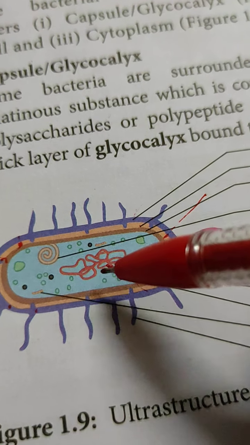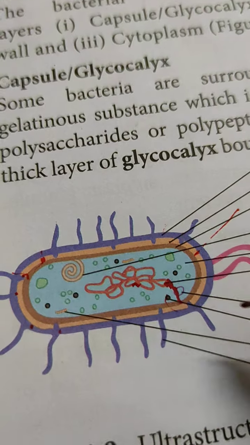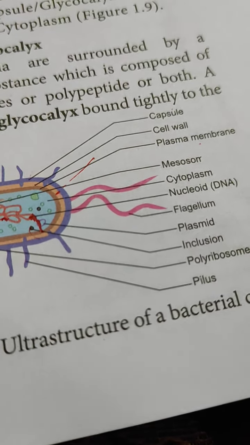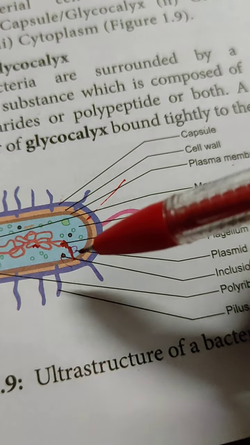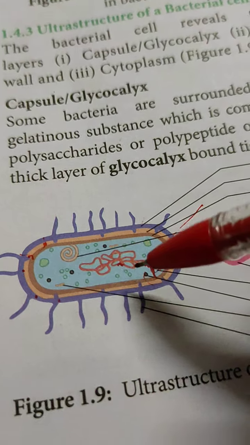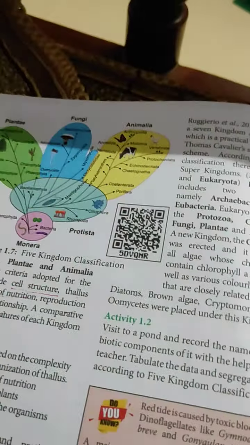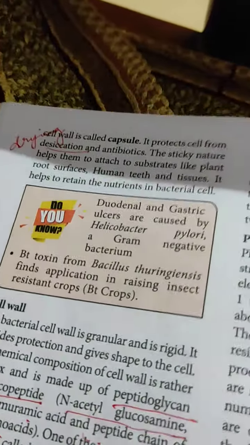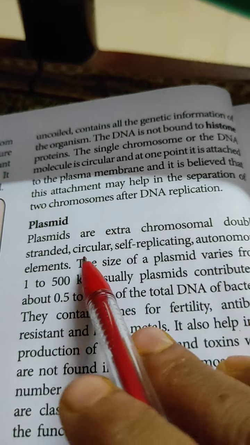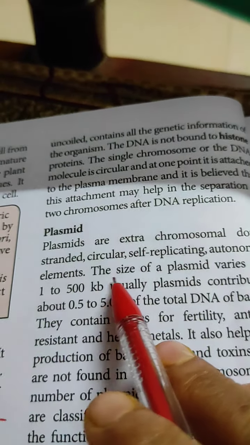In addition to the nuclear chromosome, which is reddish in color, certain bacterial cells are having extra chromosomal double-stranded circular shaped self-replicating autonomous elements, the plasmids.